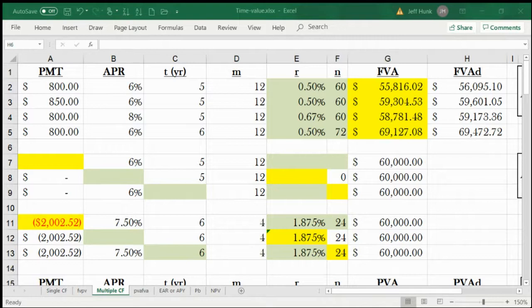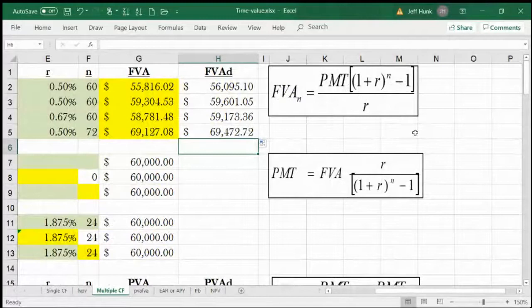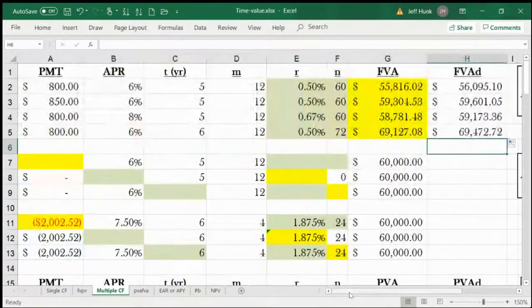Just like that, we can solve the future value of annuity equation for payment.